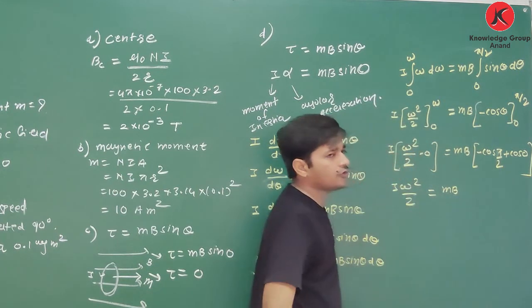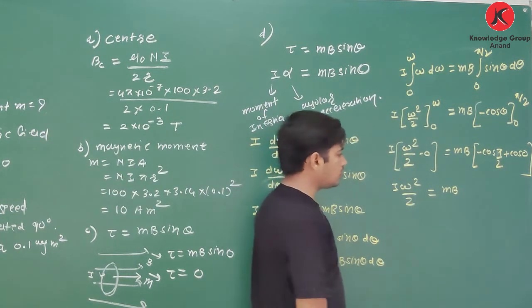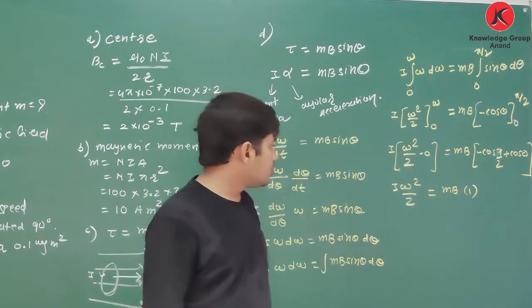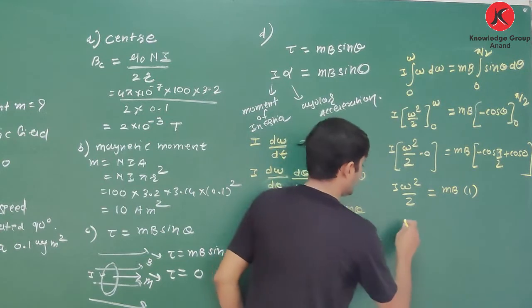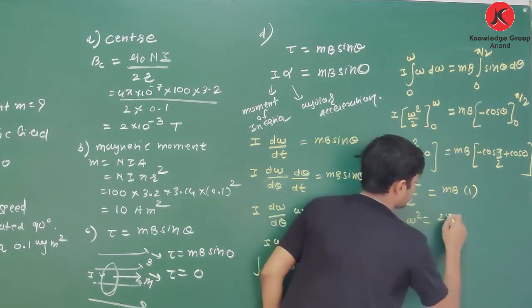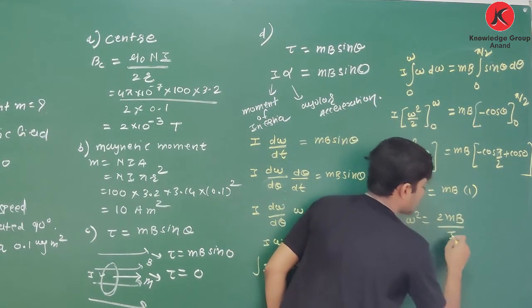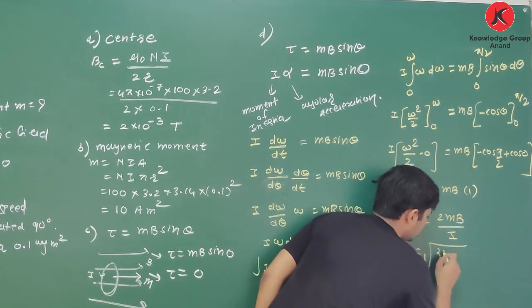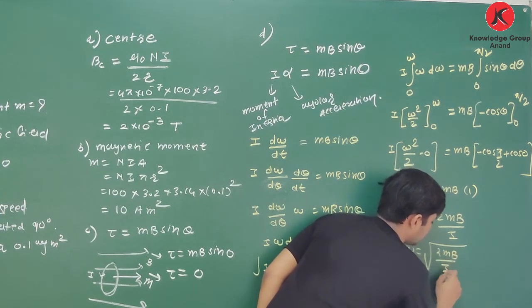Cos pi by 2 is 0, and cos 0 is equal to 1. So here the answer is 1. You have to find this omega, so make omega square the subject. Omega square is equal to 2MB upon I, so omega is equal to under root 2MB upon I.